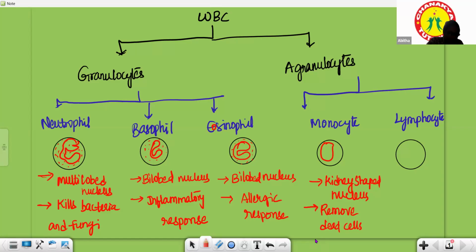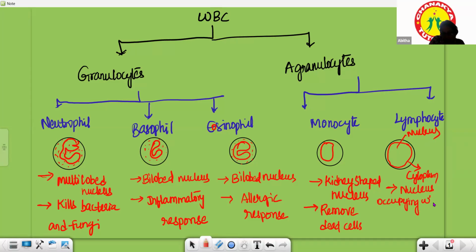Next, coming to lymphocyte. Here you can memorize that lymphocyte has a big nucleus. Very big nucleus and very little cytoplasm. The nucleus occupies the whole of the cytoplasm.